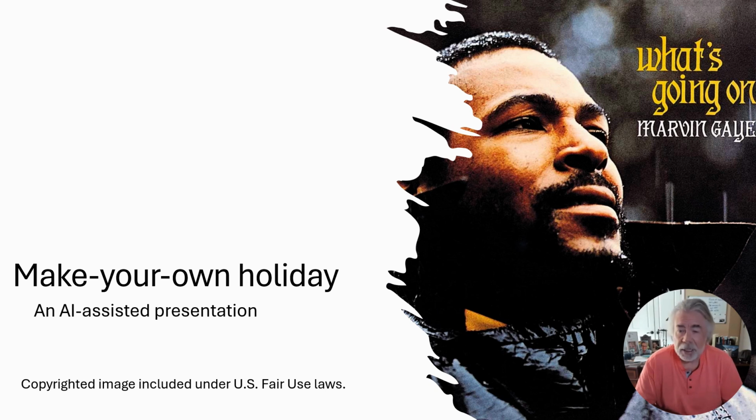I can't disagree. It came out at a time when the United States was kind of pulling itself apart over issues of war and race and economy. Does that sound familiar? So it was a very powerful record, and it remains equally powerful today. And so I had AI assist me in creating a holiday around this album. And here's how I did that.